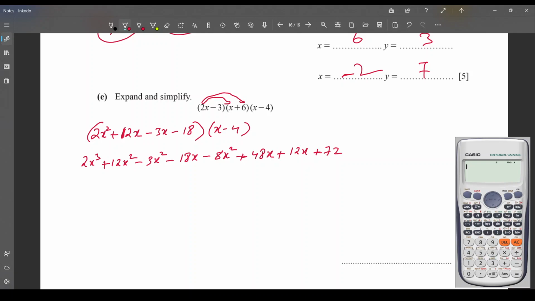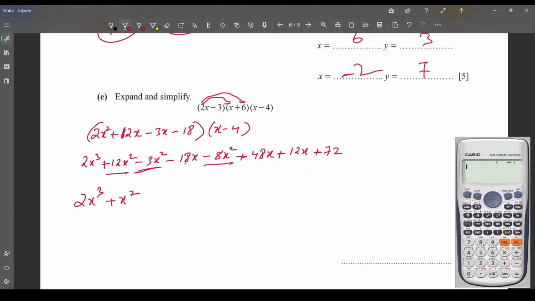So here the like terms we have to add and subtract, so 3x square minus 8x square and 12x square. So all the x squares are there, only one cube is there, so 2x cube. So 12 minus 3 is 9x square, minus 8x square is 1x square, so we are just left with x square.